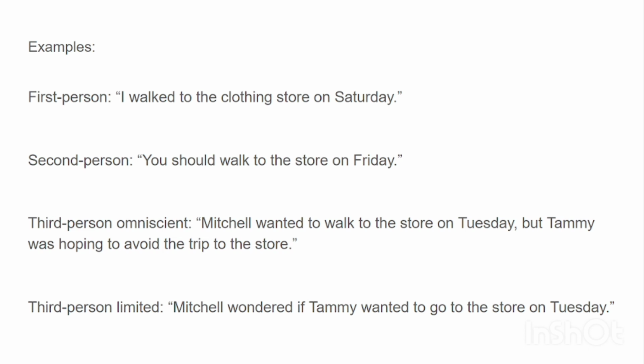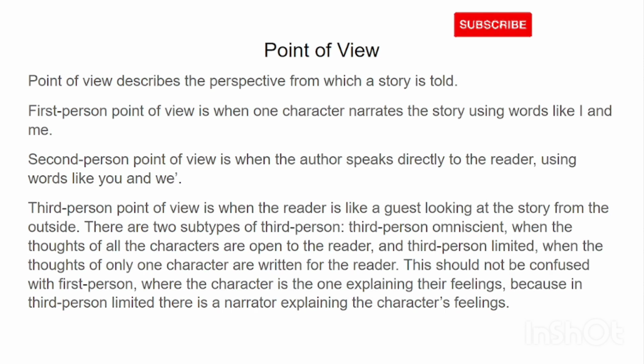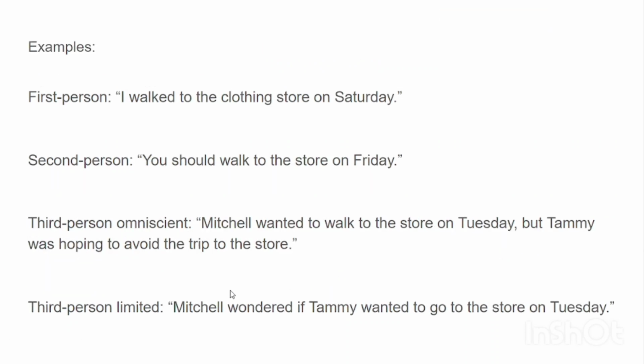So the third person omniscient is, for example, remember we said that the third person is omniscient when the thoughts of all characters are open to the reader. So Mitchell wanted to walk to the store on Tuesday, but Tammy was hoping to avoid the trip to the store. And you have third person limited, which is: Michelle wondered if Tammy wanted to go to the store on Tuesday.